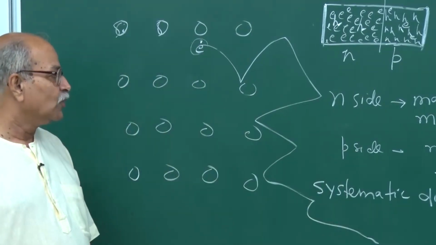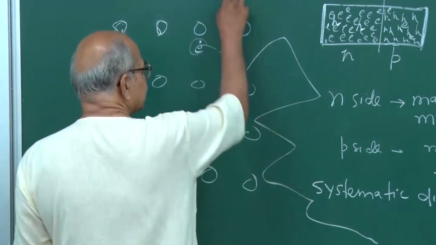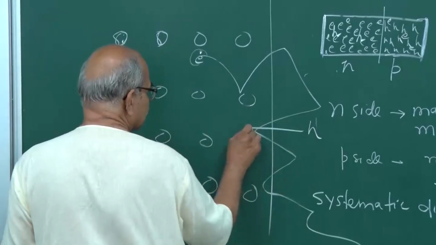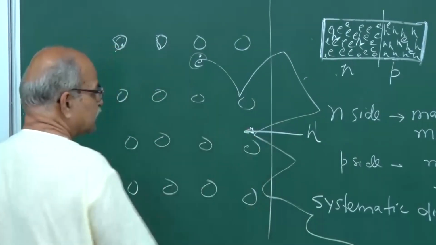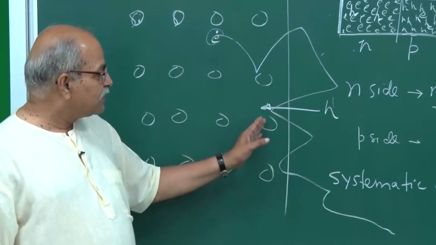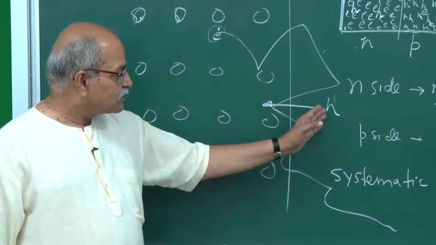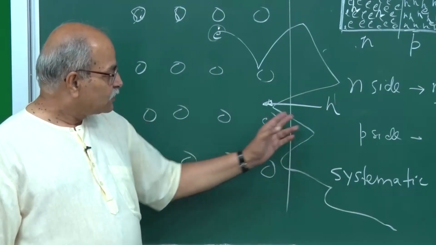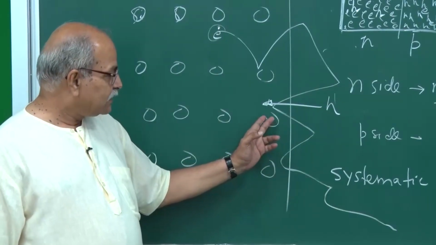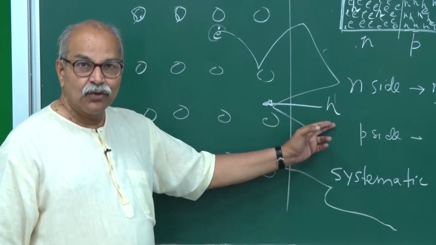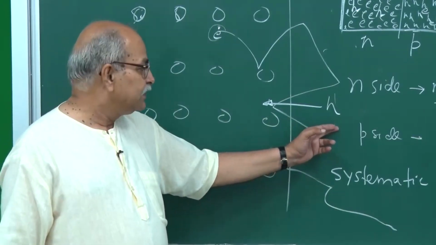And similarly holes. If you have a large number of holes here, some holes can diffuse to this side. Hole diffusion, you remember: a bonded electron breaks from here, and there was already a hole here, a broken bond was here. So, a new bond is broken here, the bonded electron goes there, and the hole is filled here.